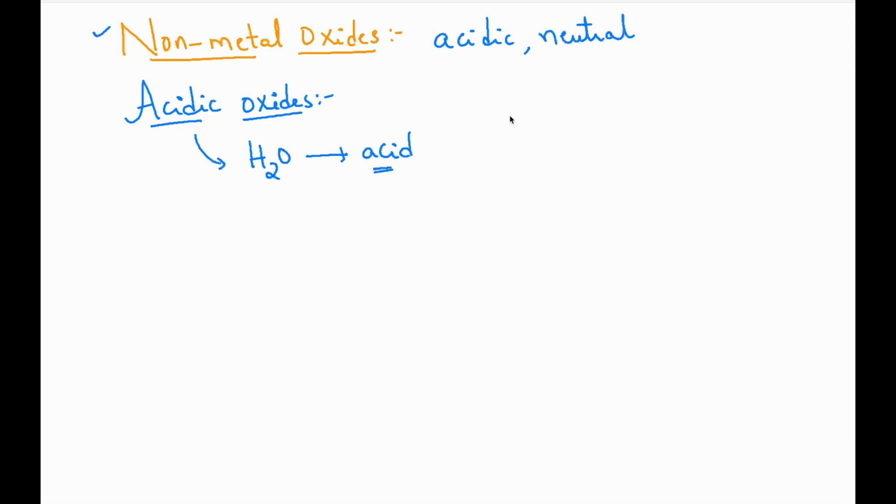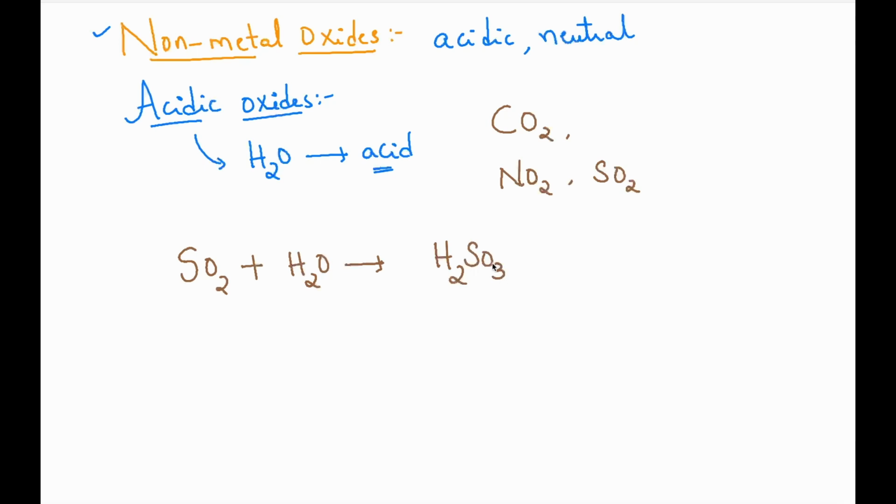Some common examples include carbon dioxide, nitrogen dioxide, sulfur dioxide, etc. These are some of the acidic oxides. And as you can see, carbon, nitrogen, and sulfur, all of them are nonmetals. Let's see the basic reaction. Sulfur dioxide combines with water to give rise to H2SO3, which is sulfurous acid.